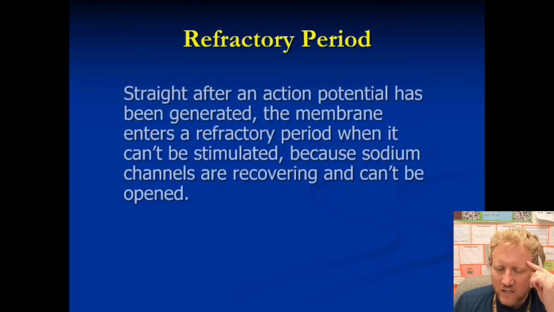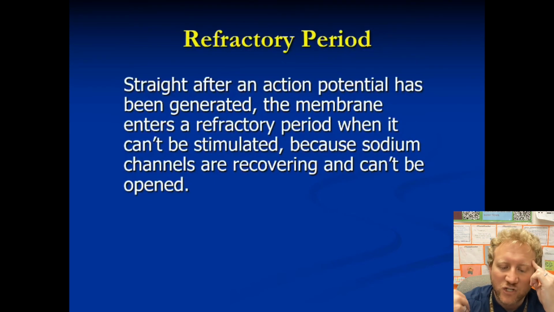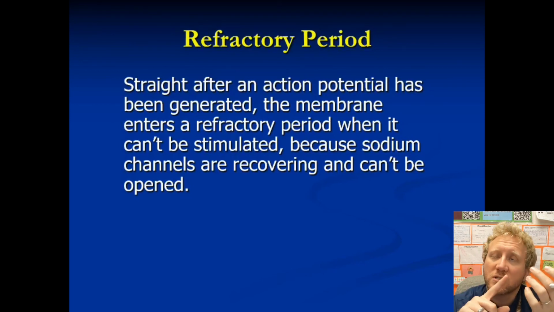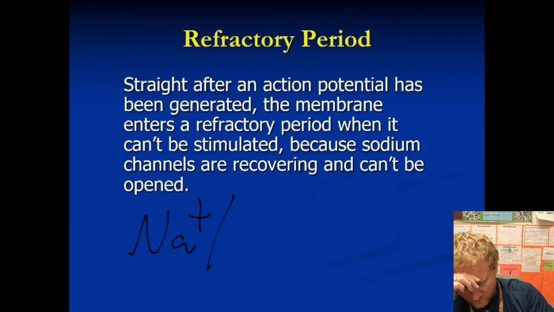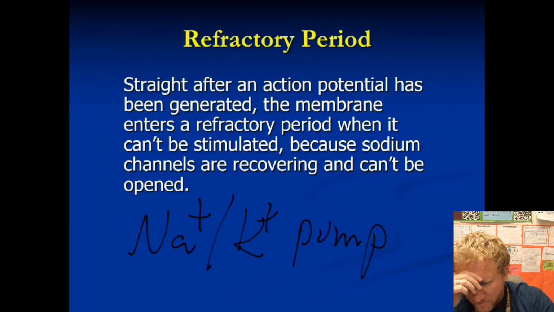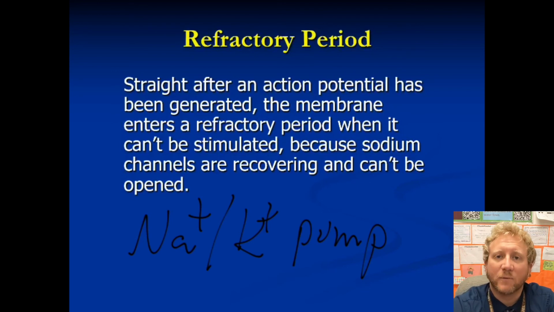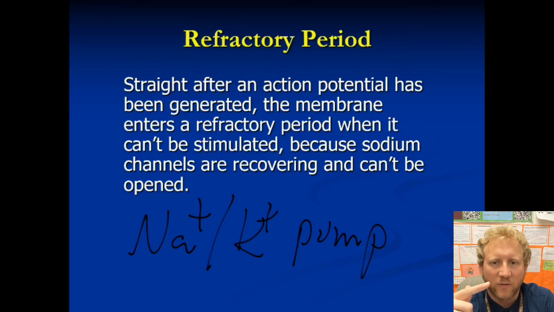Basically what's happening is the membrane has to reset itself. The sodium potassium pump has to reestablish those concentration gradients. It takes a little bit of time to pump the sodium back out of the cell and the potassium back into the cell to reestablish those concentration gradients.